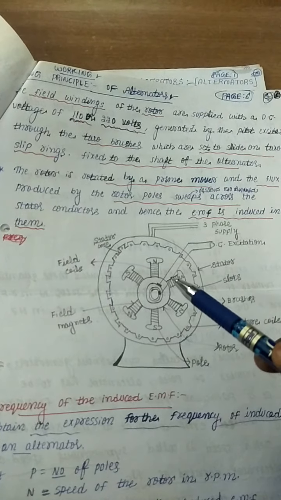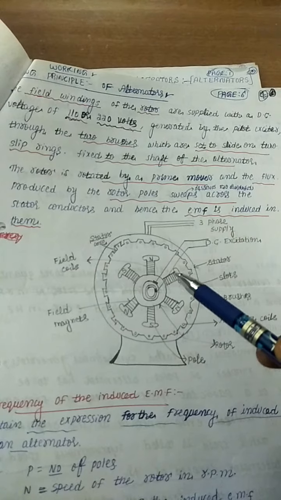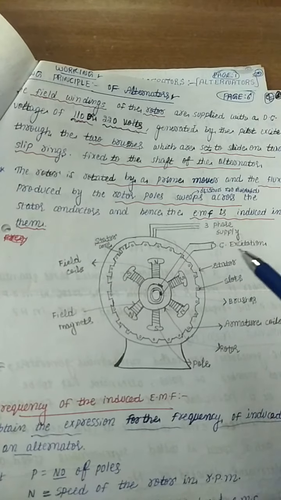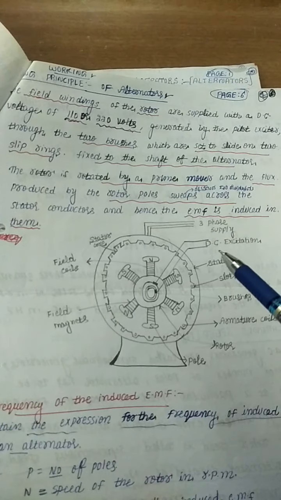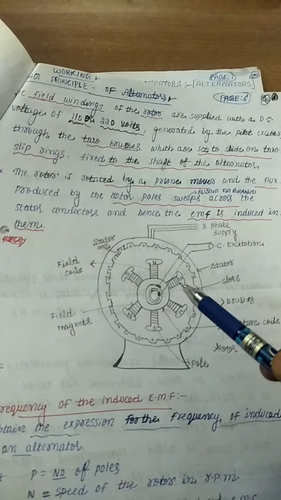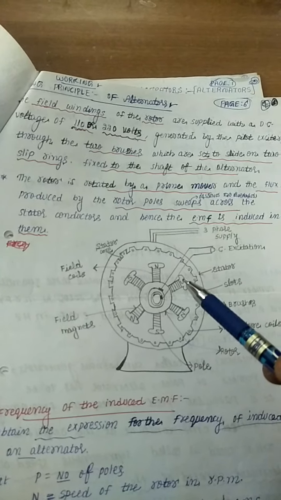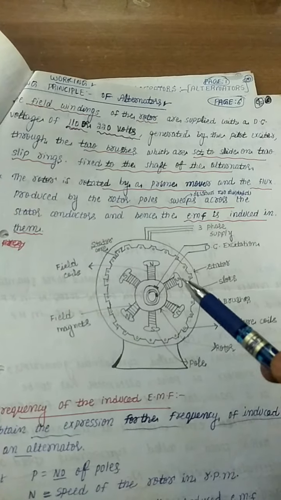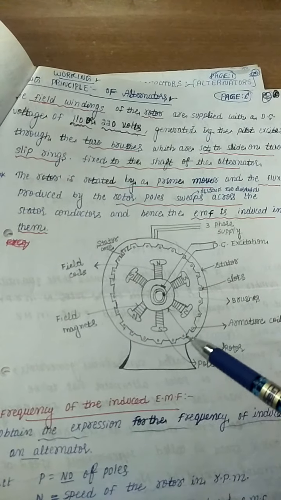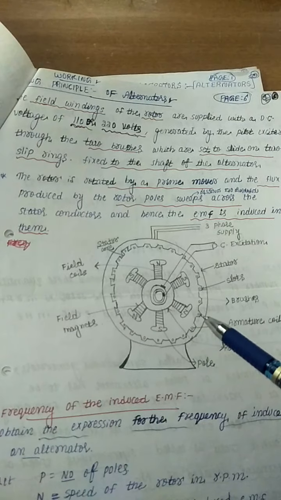On the pole side you might observe a field winding, and this field winding gets excited by a DC excitation of 110 to 120 volts, and these poles produce magnetic flux, and this flux sweeps the conductors in the stator.